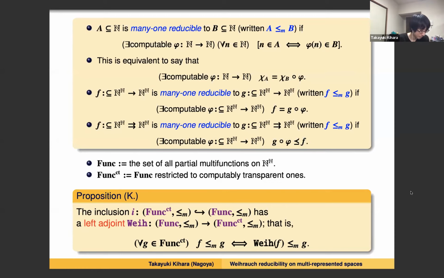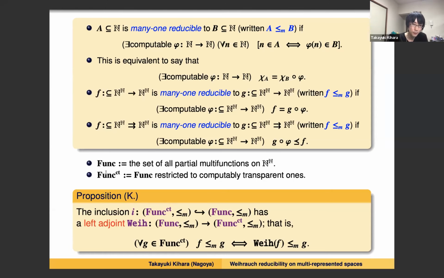Okay, so we have said that computable transparency is an abstraction of the universal oracle machine. Using this many-one reducibility, let's look a little further at the connection between computable transparency and the universal oracle machine.